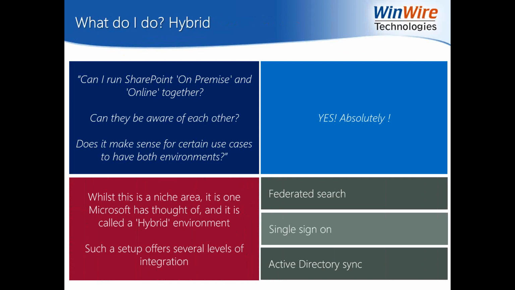But at a very high level, in order for both environments to be aware of each other, Active Directory synchronization needs to take place between the two environments, which means that your users are not prompted for credentials as they move between on-prem and off-prem. You also need to have a single sign-on capability.